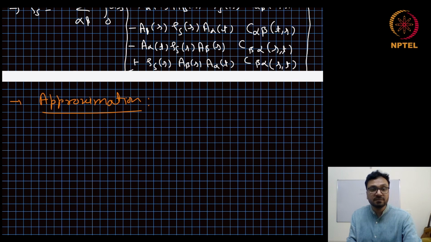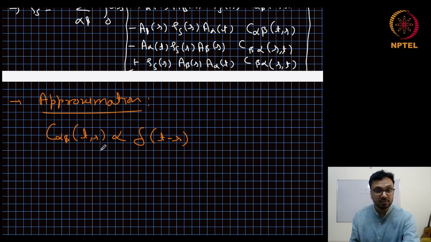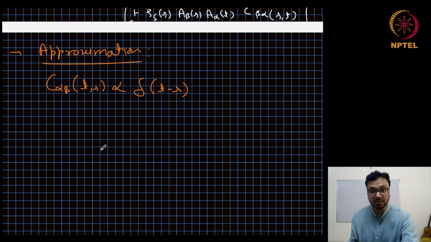The first approximation we have is that C alpha beta t s is proportional to delta of t minus s. It's a delta function. What it means is it's an uncorrelated bath. It means the correlation in the Bath operators at time t and at time s is 0. So the correlation we can see only when the two operators are at the same time.